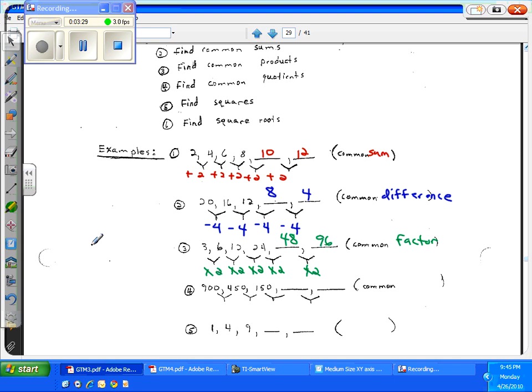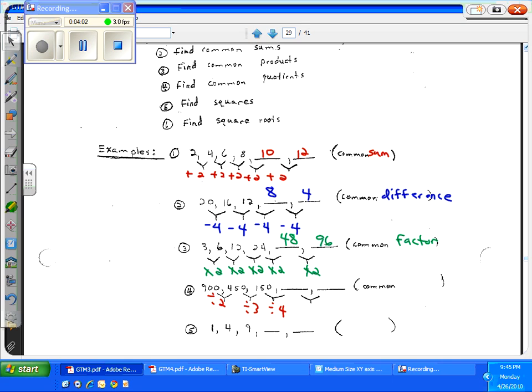If we go from 900 to 450, 450 to 150, what we see from the 900 to 450 is a divided by 2, but in the 450 to 150 is a divided by 3. So if we continued the pattern of divide 2, divide 3, the next would be a divide 4. So it's not necessarily a common quotient or a common divisor.